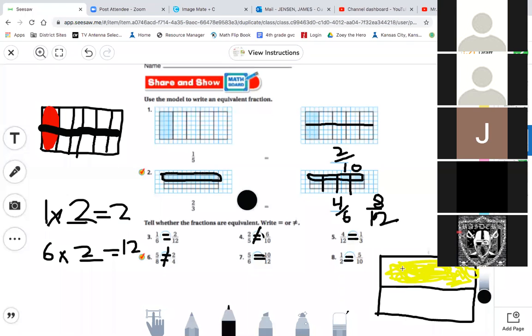So we need to split this into 5 parts. You see with these lines, we just multiplied everything by 5. We went from 2 parts to 10. And we went from 1 colored in part to 5 colored in parts, but it's still all the same amount. So do we see the connection between multiplication and equivalent fractions? I'm hoping you are.